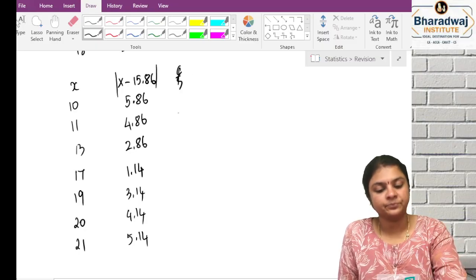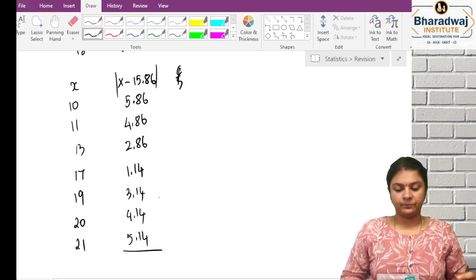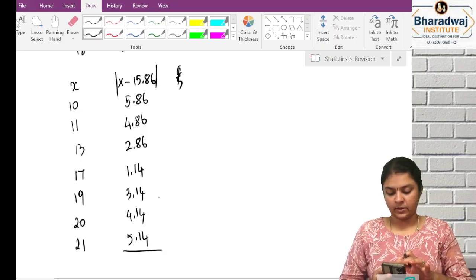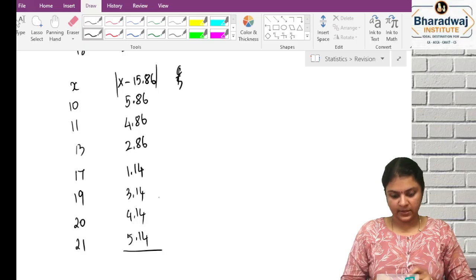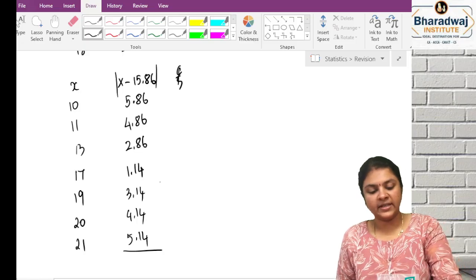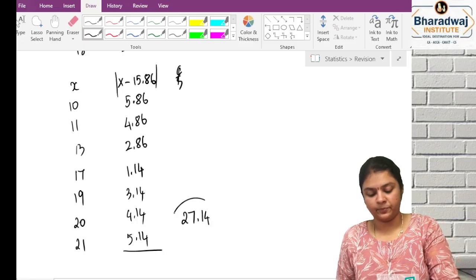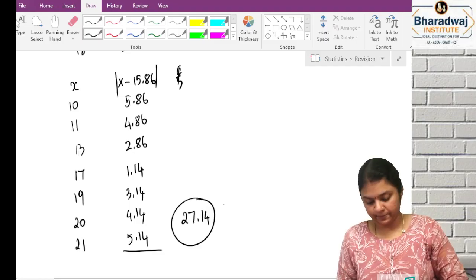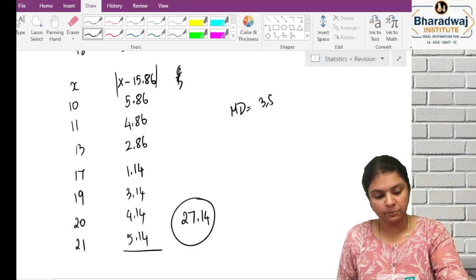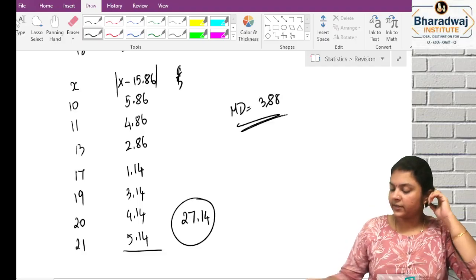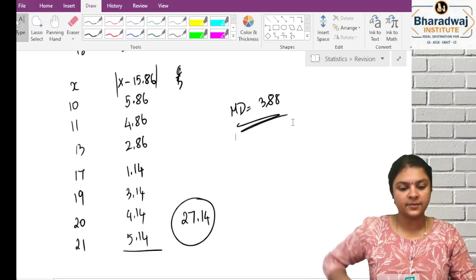So take the total: 5.86 plus 4.86 plus 2.86 plus 1.14 plus 3.14 plus 4.14 plus 5.14, which is 27.14, divided by 7. So the mean deviation is equal to 3.88. Got it?